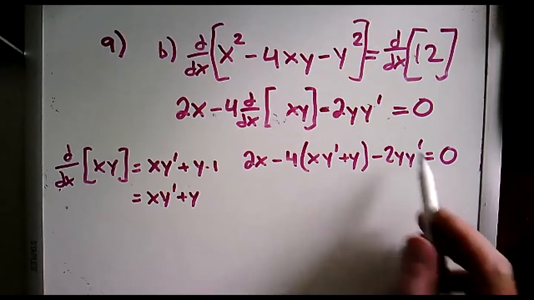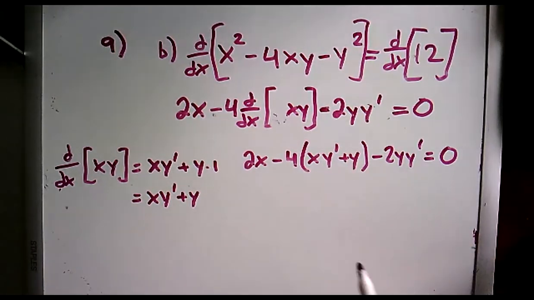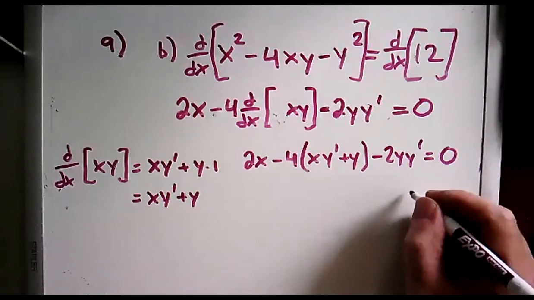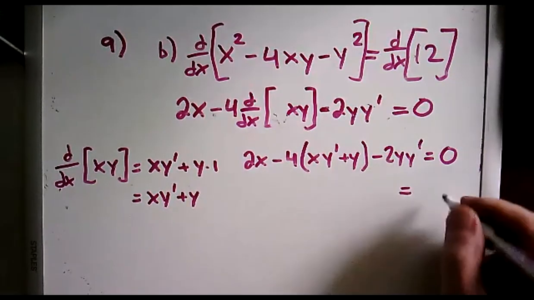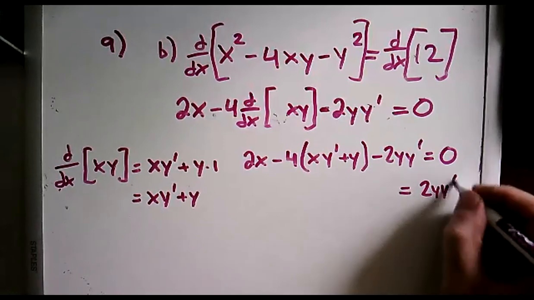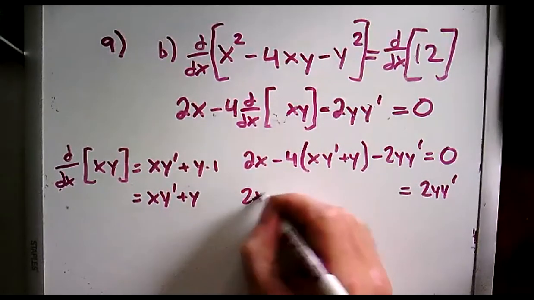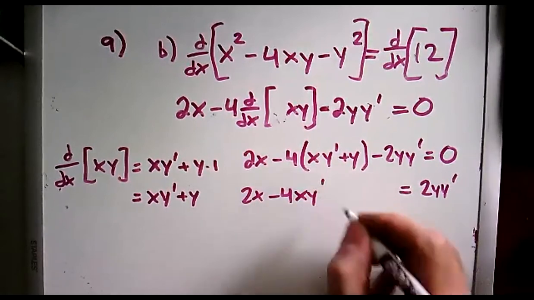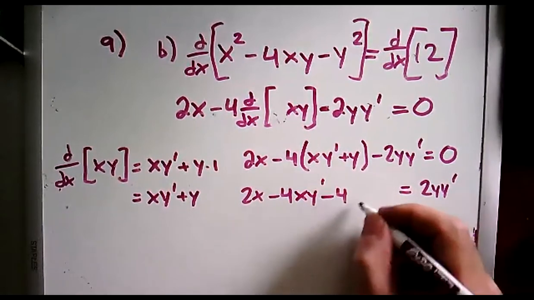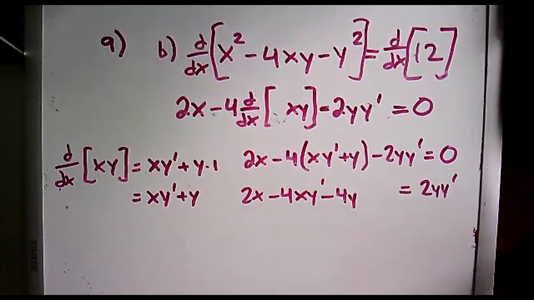Our goal then is to get y prime all by itself. I'm going to do that in a couple steps. I'm going to get all my y primes on the right, or that's what I'm going to attempt to do. So I'm going to add 2y prime to both sides. So now the 2y prime is over on this side. I'm also going to distribute that minus 4. So we have a minus 4 xy prime, and we have a minus 4y. I think I'm good here, right?